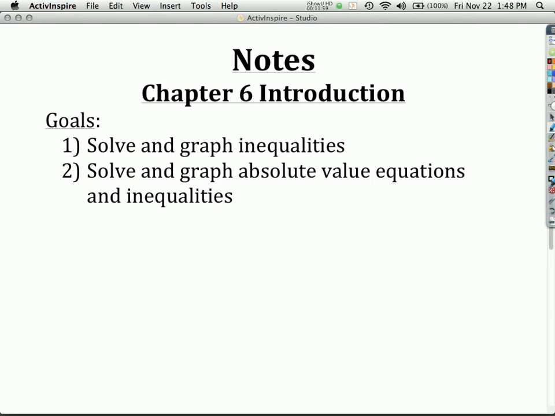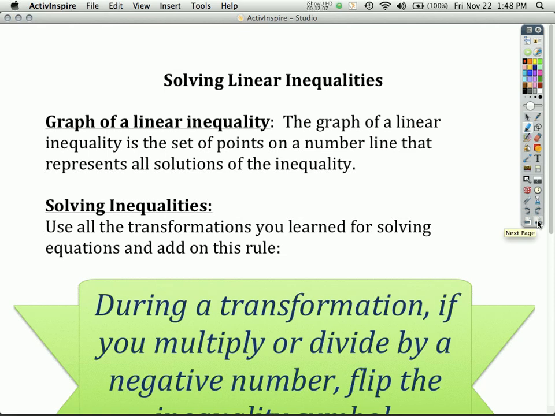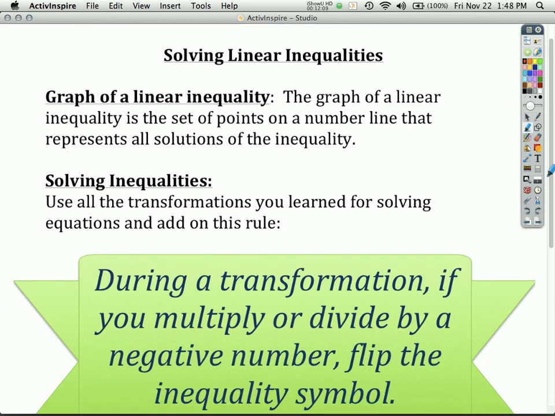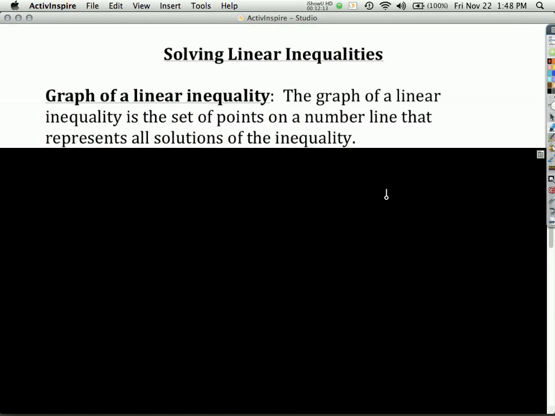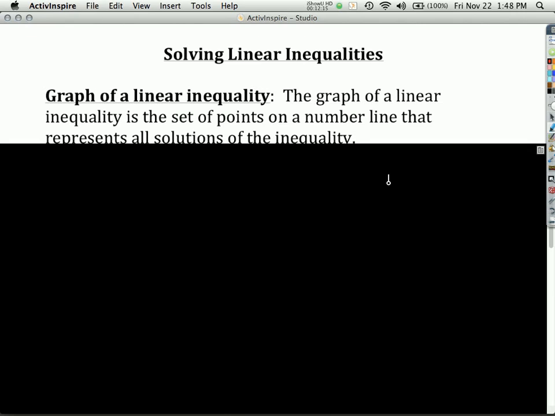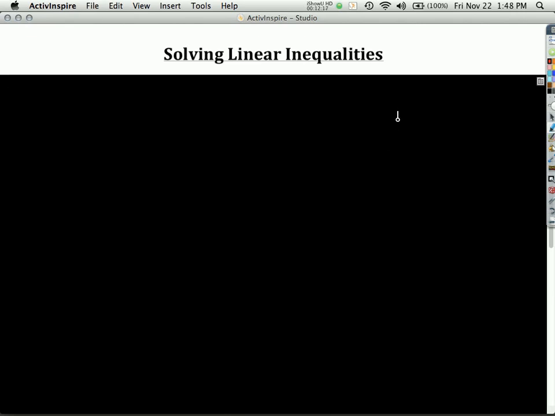So that's the overview. 6.1, 6.2, 6.3 is all solving inequalities, so we're going to start with that. We've been studying equations and different forms of them for a long time now. And our goal has always been to find a solution.